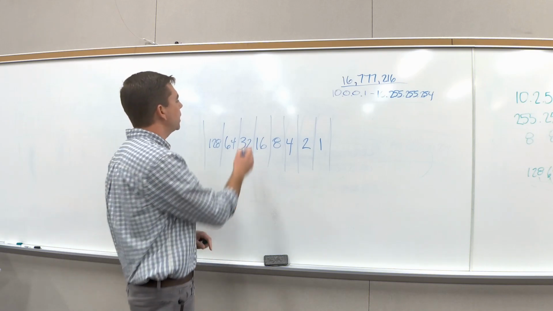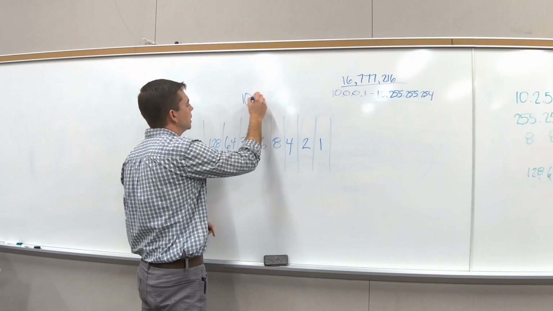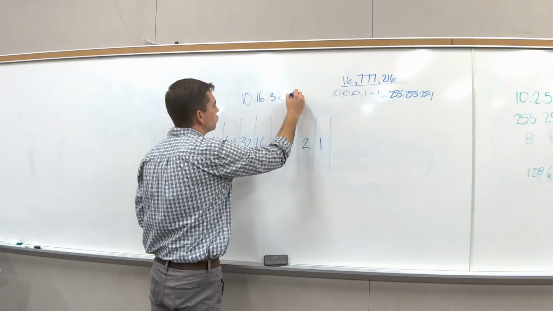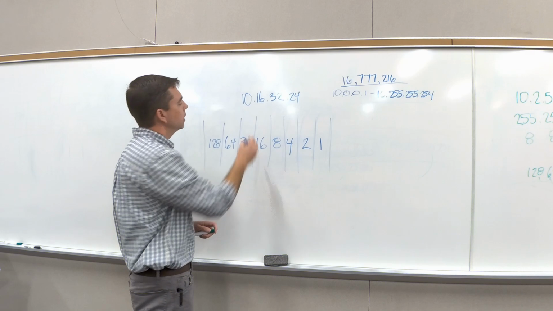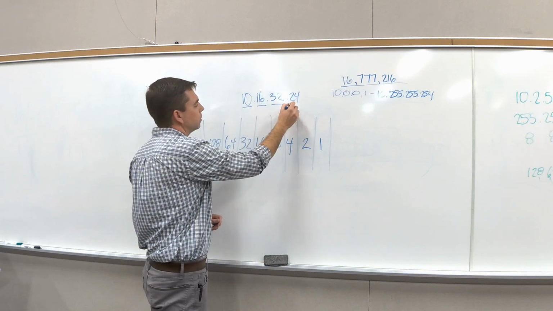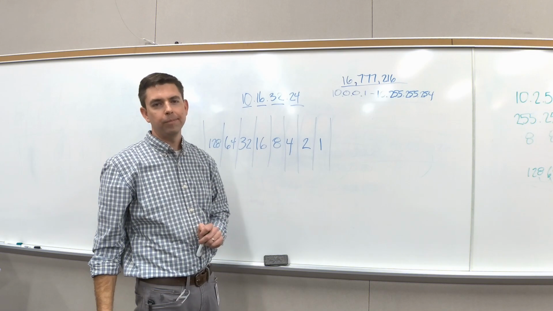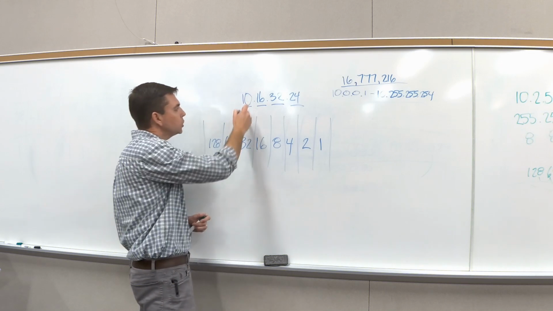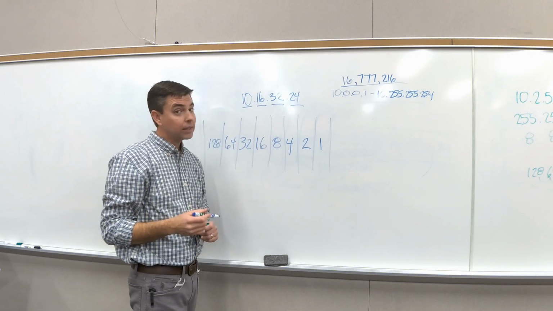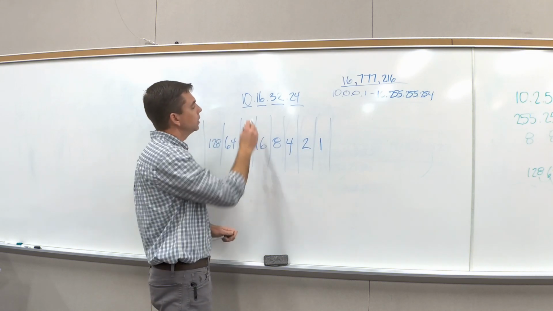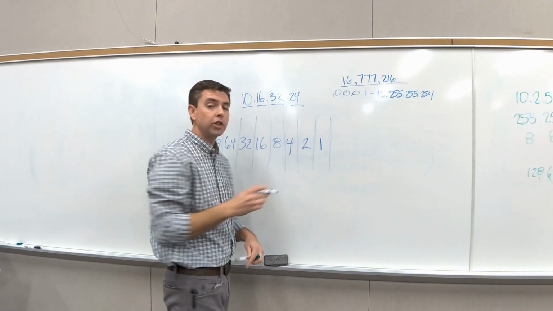So when we write an IP address of, let's say, 10.16.32.24, how many numbers do you see? 4. You see 4 numbers. In each of these octets, you have 8 columns. 8 times 4 is 32.